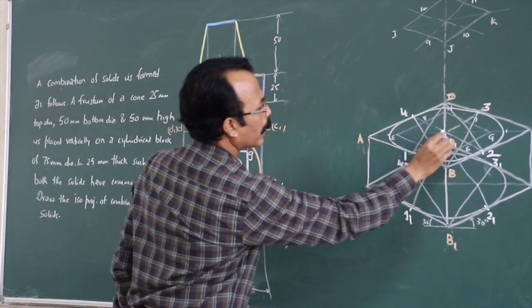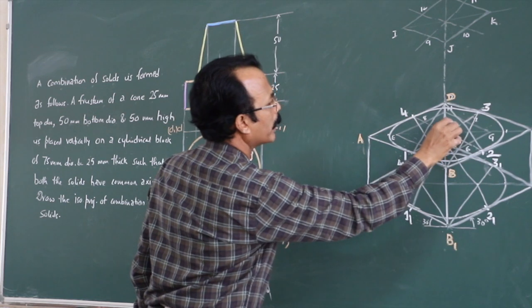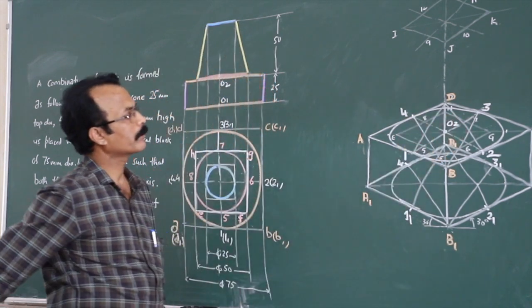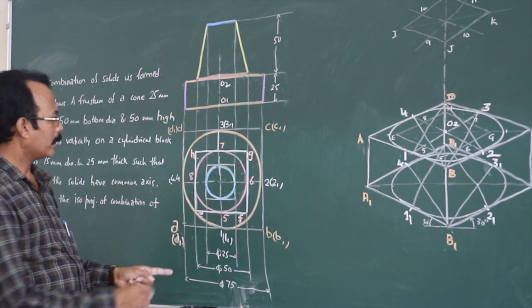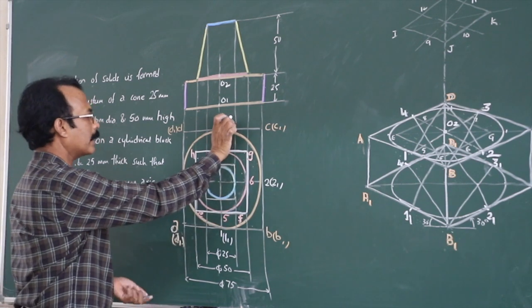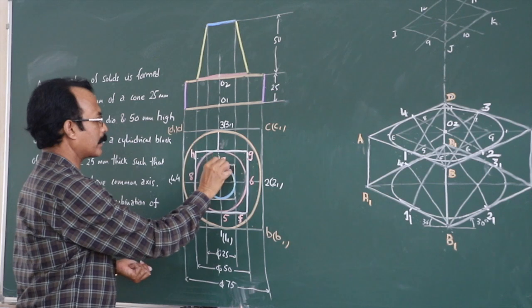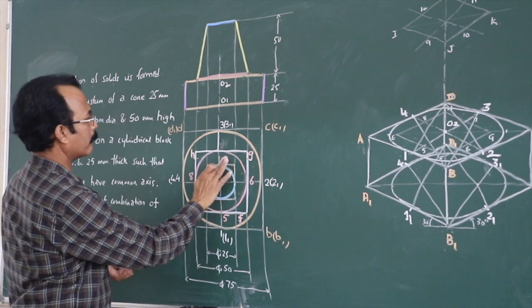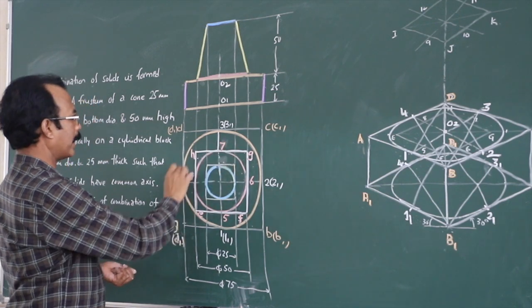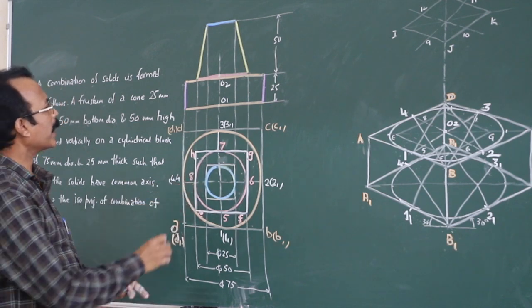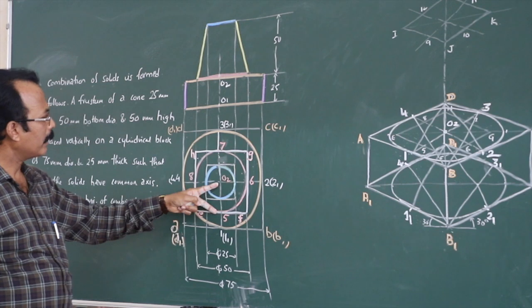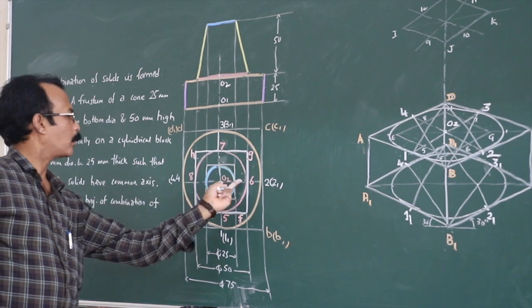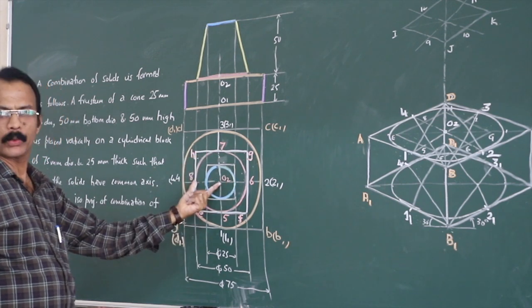So you are already having this O2 here. Okay. Now you see this 5, 6, 7 and 8. So you take this distance now, O2 5, right, which will be same as O2 6 or O2 7 or O2 8, right.